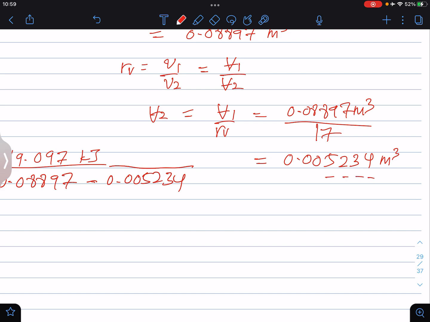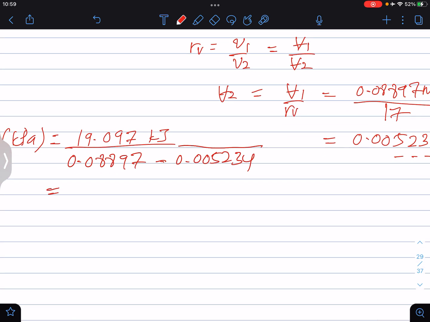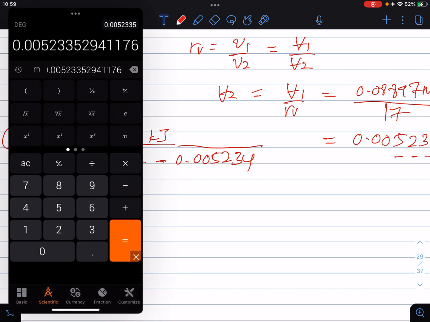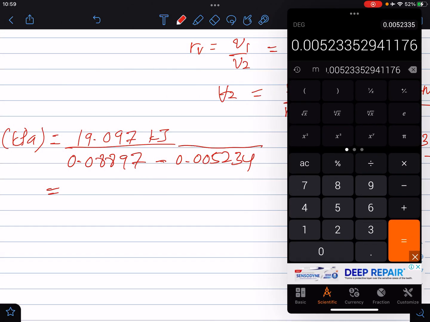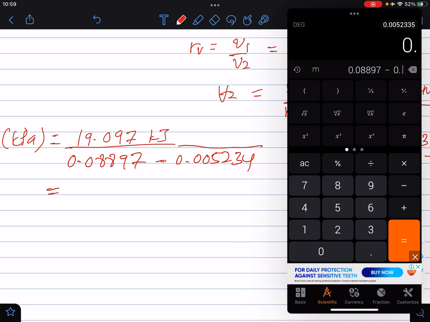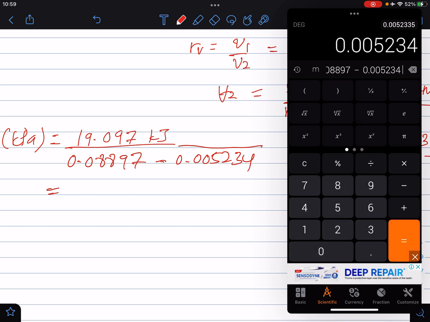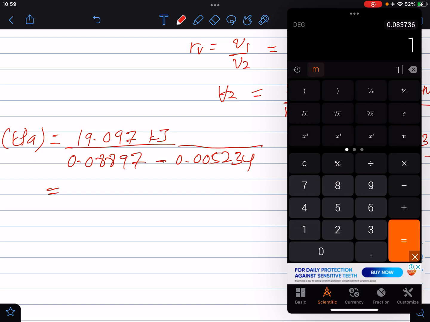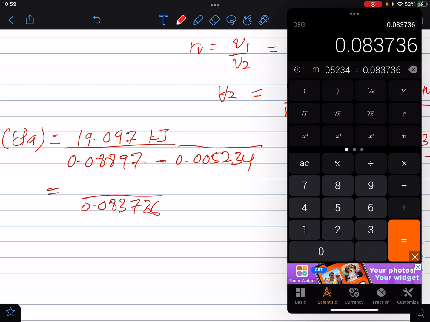Make sure you use 4 significant figures here. Now just punch your calculator. 0.08897 minus 0.005234, 0.083736.